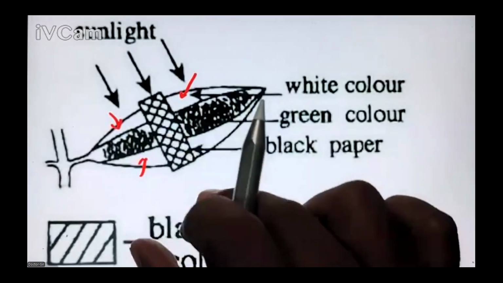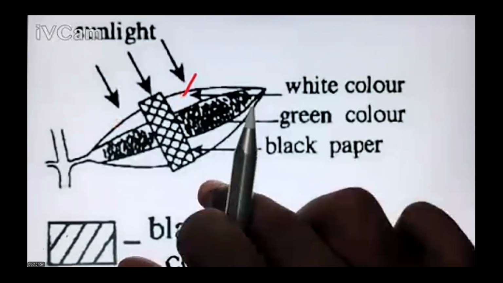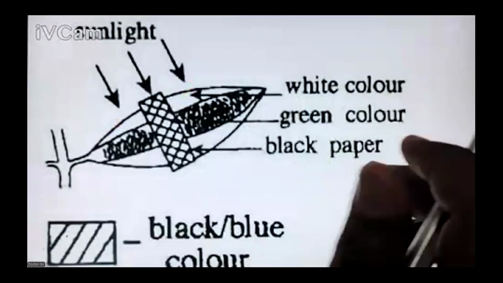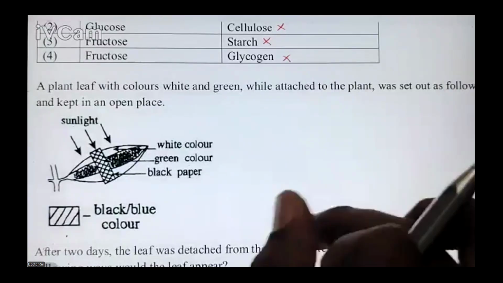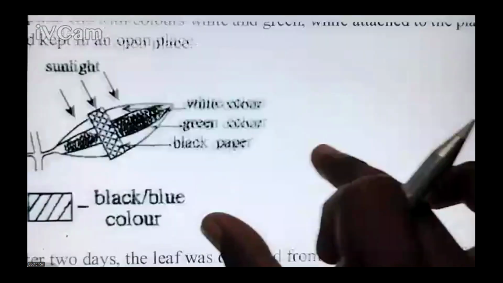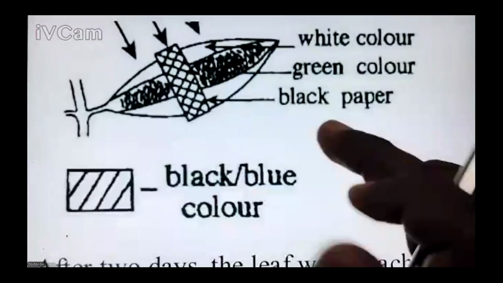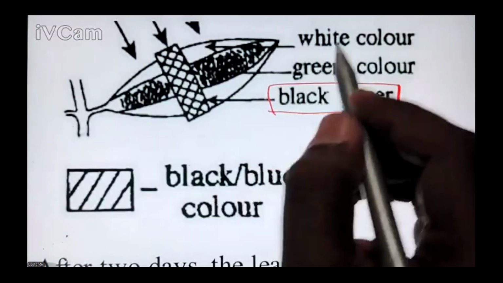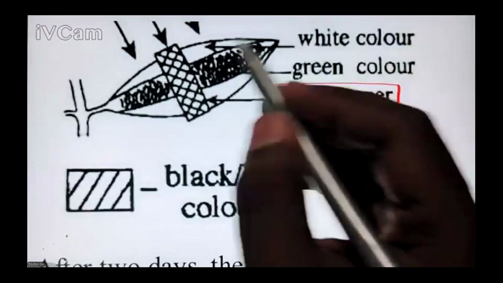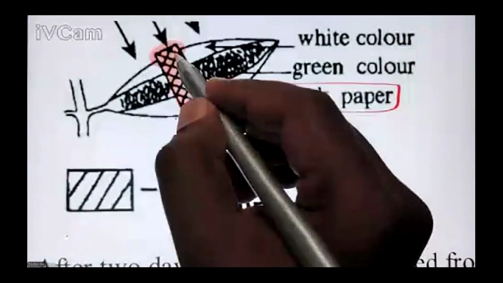Okay, right. Then they have also given the green color area. Then they are going to cover this particular area of the leaf with black paper. So they took some black paper and covered this area.